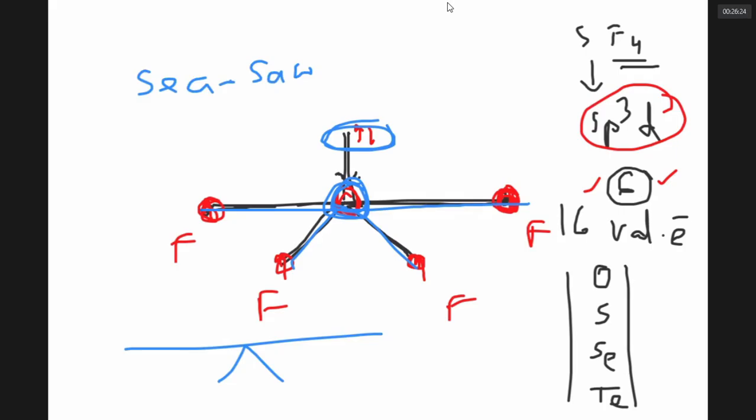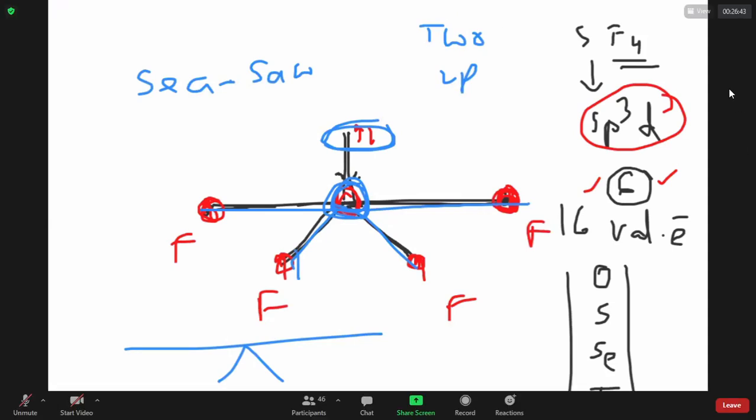Now I have another question. Suppose there are 2 lone pairs in the same molecule, where will the second lone pair go? Equatorial position. So it will go here, as you see in ClF3. In ClF3, Cl is the central atom.